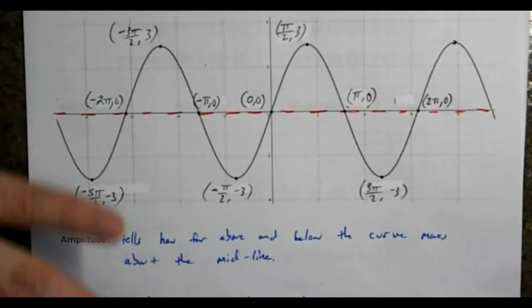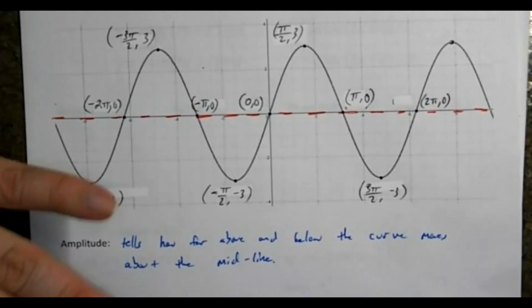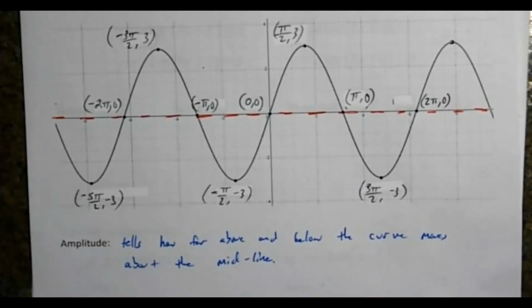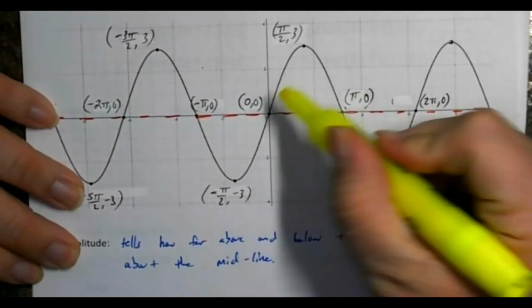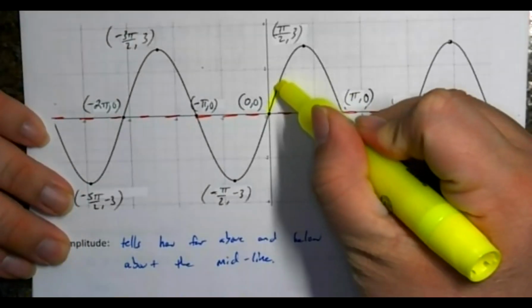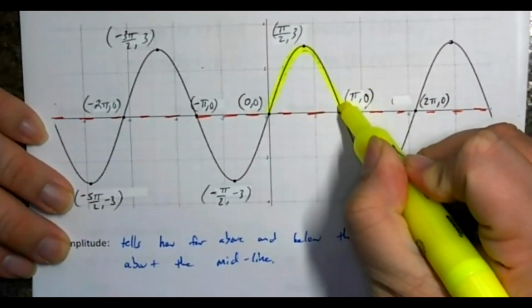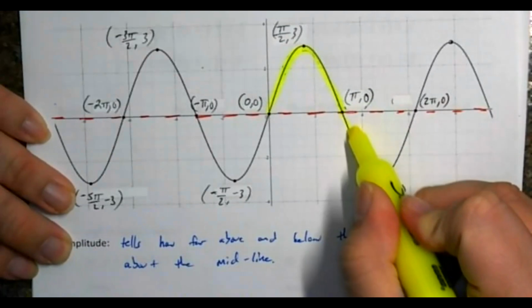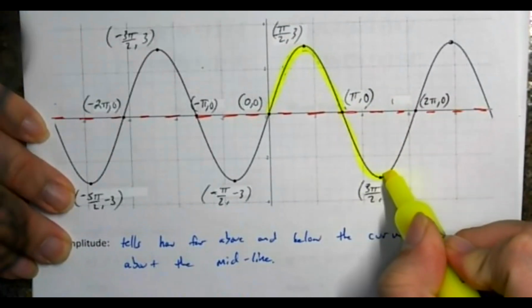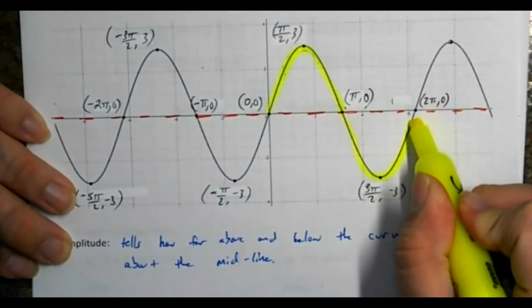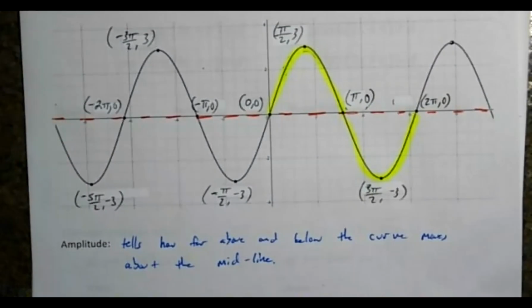One complete cycle. All right, let me grab a highlighter here. Now, if I start graphing sine at 0, I go up to the maximum first, back down to 0, down to the minimum, and there. That is one complete period. How do you know it's one complete period?